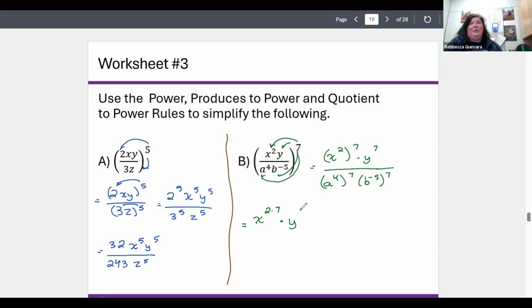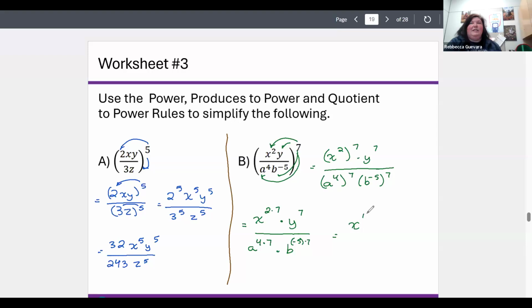And y had the power of 7. There was nothing else there. A to the power of 4 raised to the power 7 is a to the power of 4 times 7. And then we have b to the power of negative 5 raised to the power 7. So that's b to the negative 5 times 7.